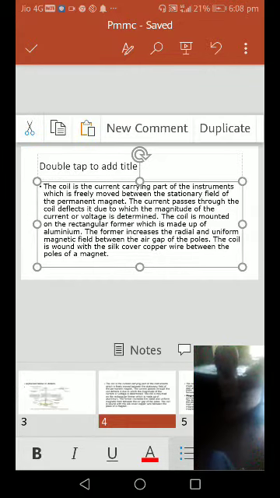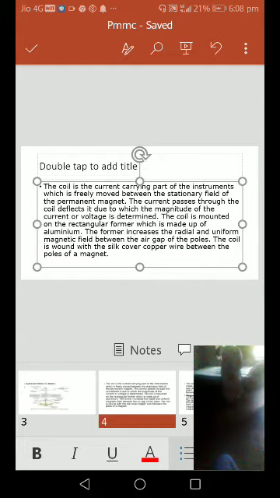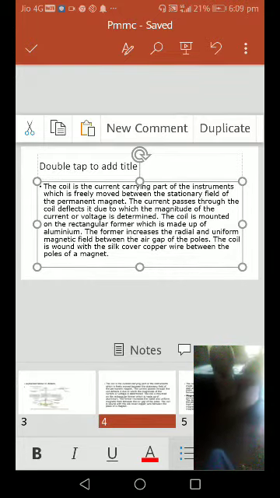The former increases the radial and uniform magnetic fields between the air gap of the poles.